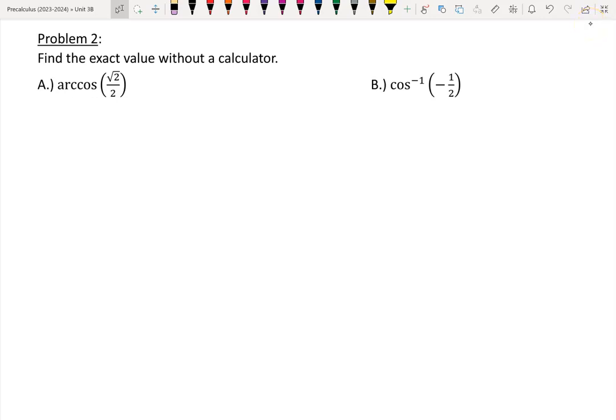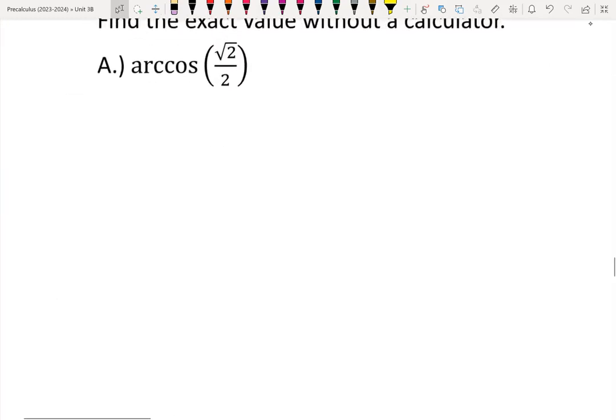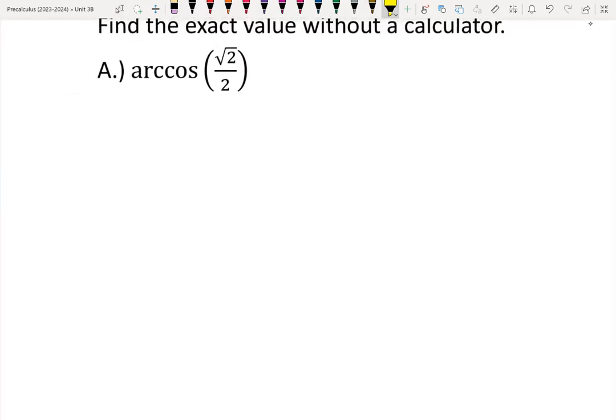Now that we've gone over the properties of sine inverse, cosine inverse, and tan inverse, I want to go ahead and finish up with a couple more problems, starting with problem 2, our arc cosine and cosine inverse. So problem A here, we have arc cosine of rad 2 over 2. So this is, again, like we did with the sine inverse, our theta.